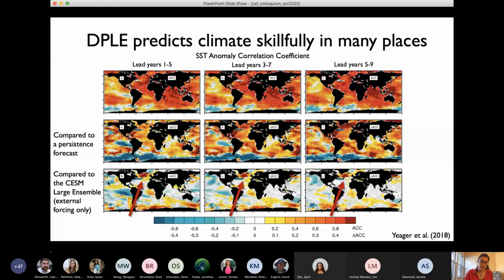There are areas where the DPLE does worse than the Large Ensemble, but there's also one key location where you are gaining more skill in sea surface temperatures compared to just a climatology with forcing in it. In this case, that occurs in the subpolar North Atlantic. So understanding what's going on in the subpolar North Atlantic is really key, because that's what could be driving prediction skill.